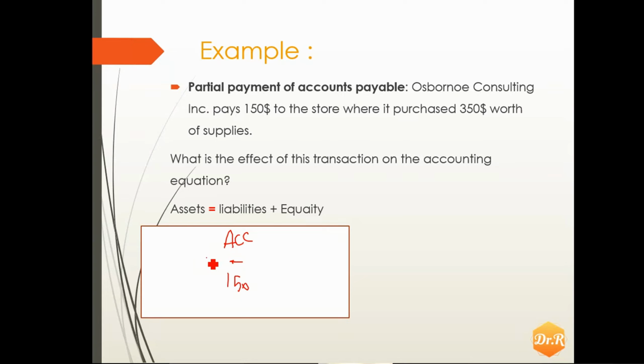So what is the other side of the transaction? On the asset side, the cash decreases. Yes, that's correct. Minus 150. Yes, like this, we keep both sides of the equation equal to each other. That's correct. Thank you.